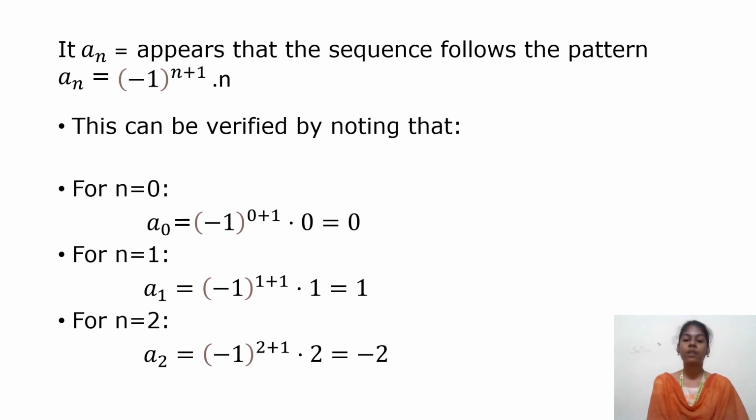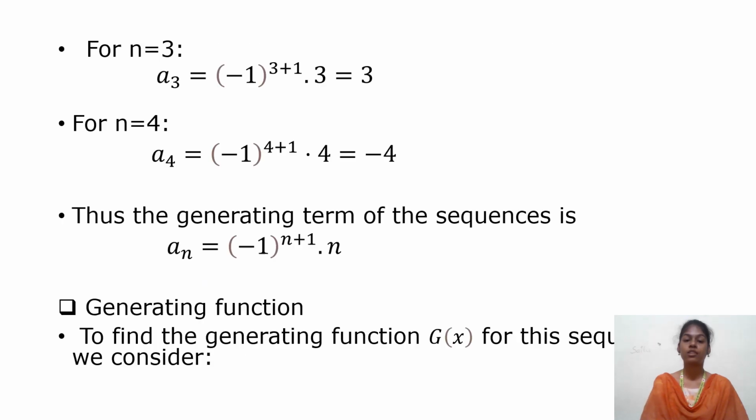This can be verified by noting that for n = 0, a0 = (-1)^(0+1) times 0 = 0. For n = 1, a1 = (-1)^(1+1) times 1 = 1. For n = 2, a2 = (-1)^(2+1) times 2 = -2.